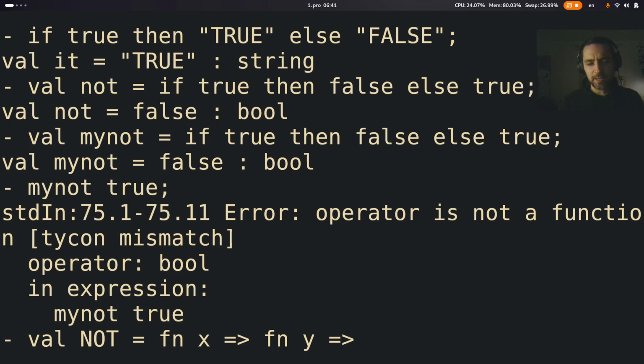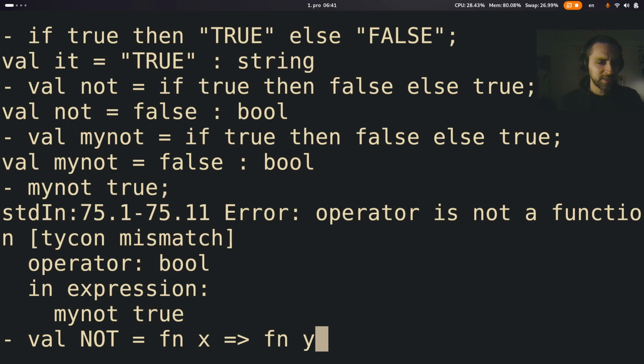So now we have another function, fn of y, gives back a function. But fn of y would mean a second argument. We don't have a second argument. So to not, we don't give two arguments.